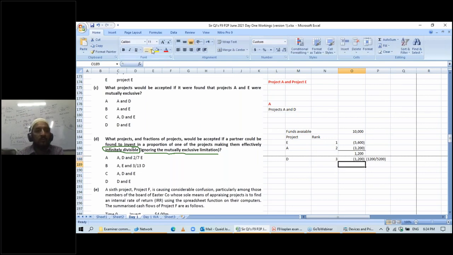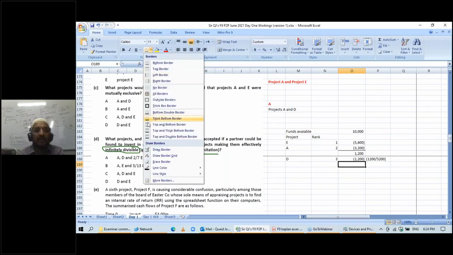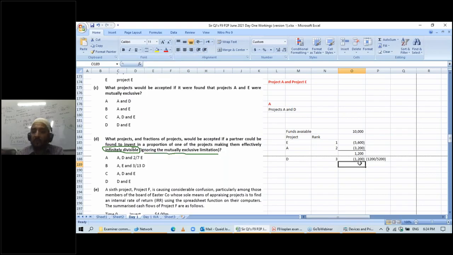Now you don't remain with any surplus. So that's the advantage of a divisible project, that you can purchase a part of it, a piece of it.